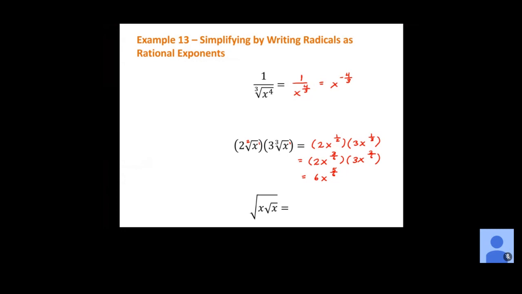All right, so now the third one, we've got the square root of x times the square root of x. Now notice that x and the square root of x are both inside the bigger square root here. So what do you think the first thing is that we might want to do?